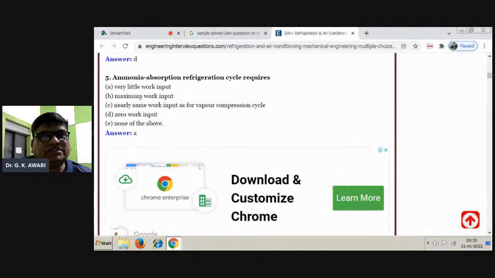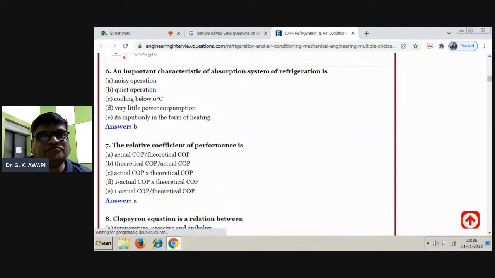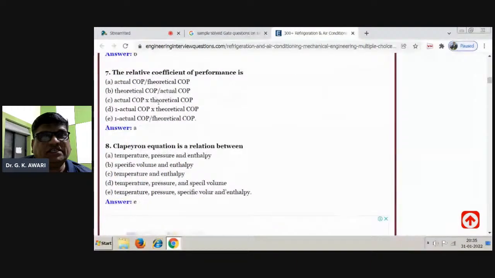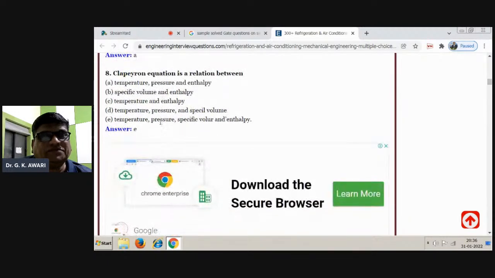So it requires very little work input. An important characteristic of an absorption refrigeration system is that it is quiet in operation. The relative coefficient of performance is the actual COP divided by the theoretical COP, or theoretical COP divided by actual COP. So the correct answer is actual COP divided by theoretical COP.